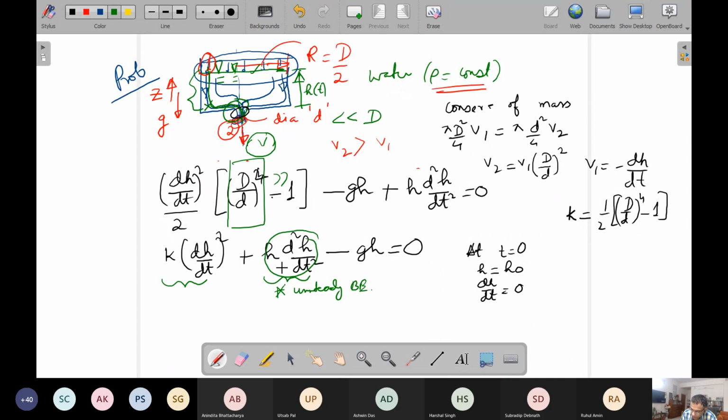But if this term is important, you will get a solution deviated from what you got in your junior classes. So this I give you as a comprehensive homework to write a detailed report on this very simple tank emptying problem. The title of the report will be Tank Emptying Revisited.